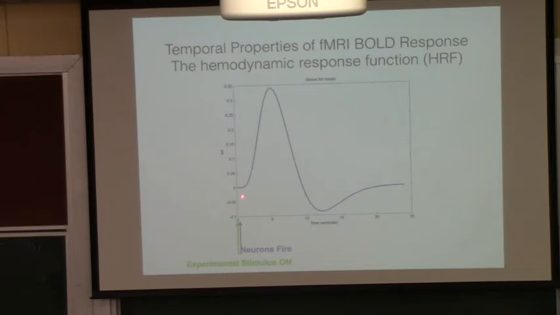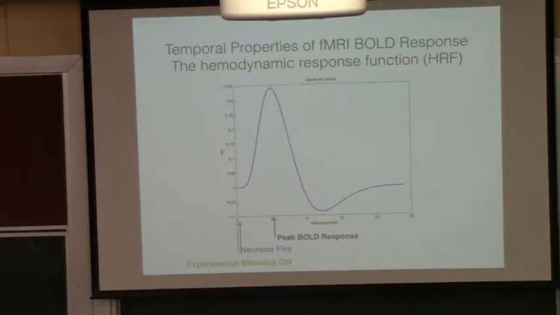So this is what the blood flow response function looks like for a given experiment stimulus onset. You can see that the peak BOLD response is actually delayed by about 6 seconds. So you're not able to get very precise timing on what is happening in the brain relative to stimulus onset with neuroimaging. So you have to do some tricks to sort of model this lag.